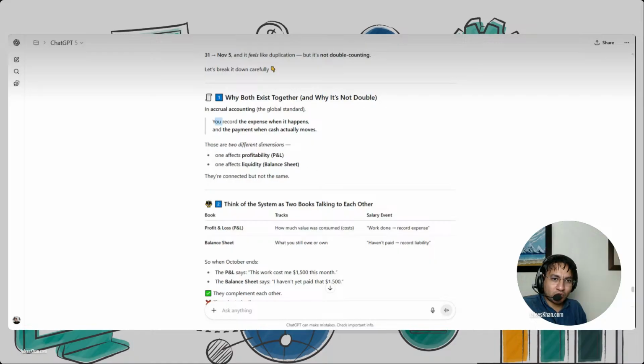You record the expense when it happens, even if we haven't paid for it, because we hire a person and say we are going to pay that amount after a month. So the expense is recorded. Then the payment is when cash actually moves, when we pay that employee.